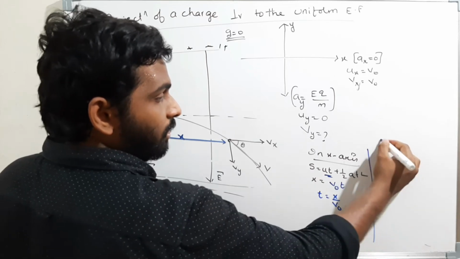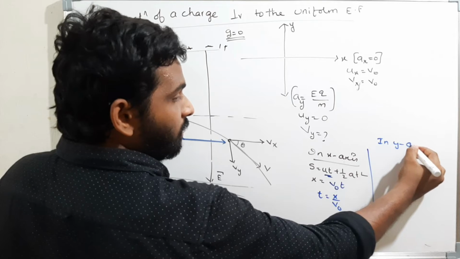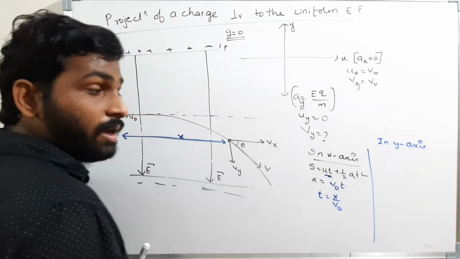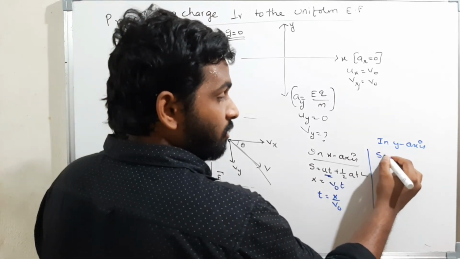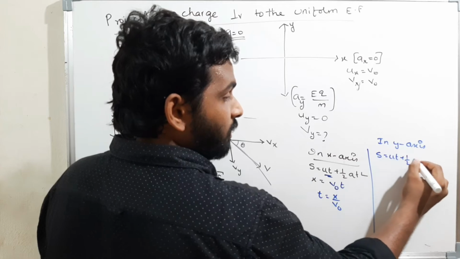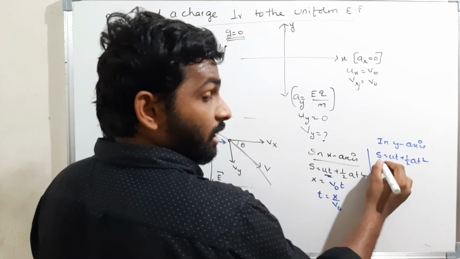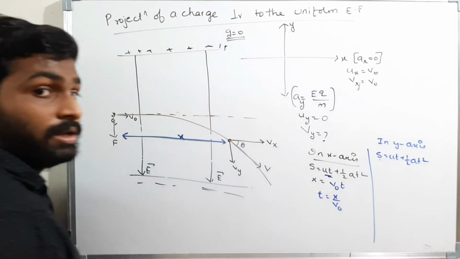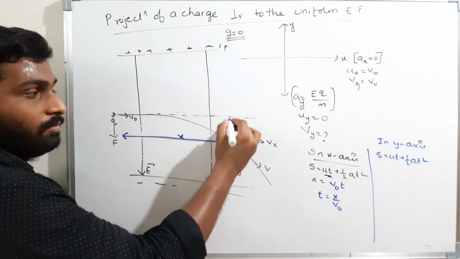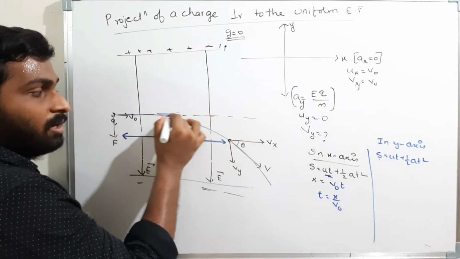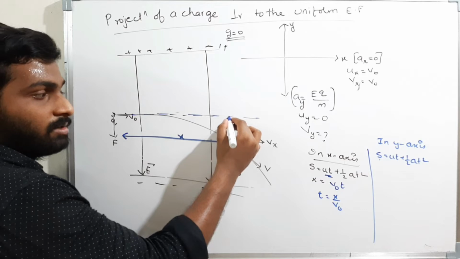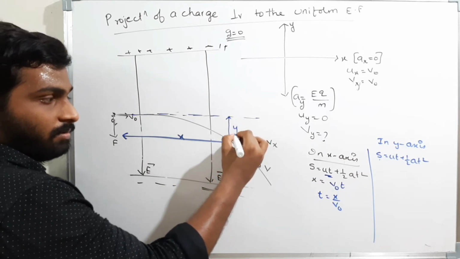Okay, well and good. Along the y-axis, S is equal to ut plus half at square. Along the y-axis, S is nothing but the displacement y. I am assuming this is the initial position, and from here it is a displacement. This is y.